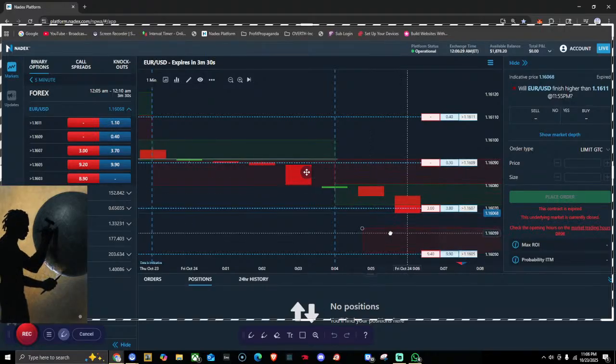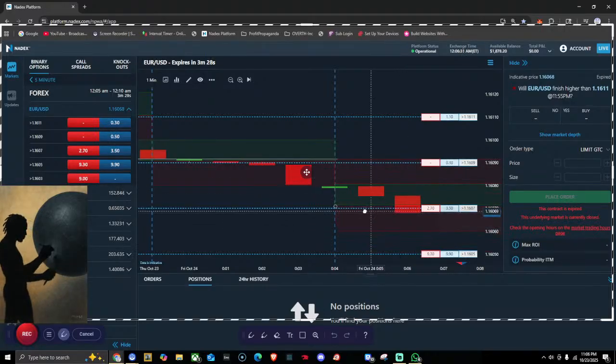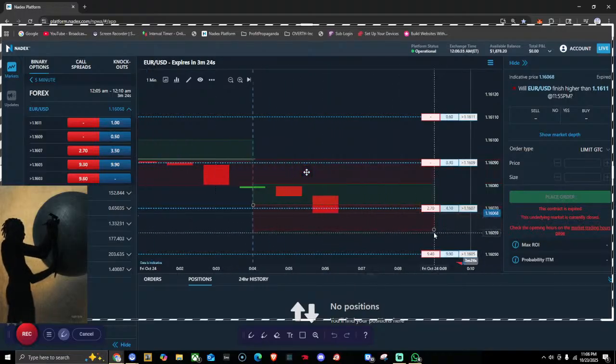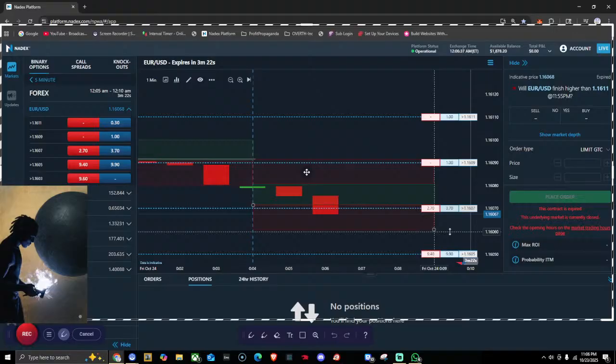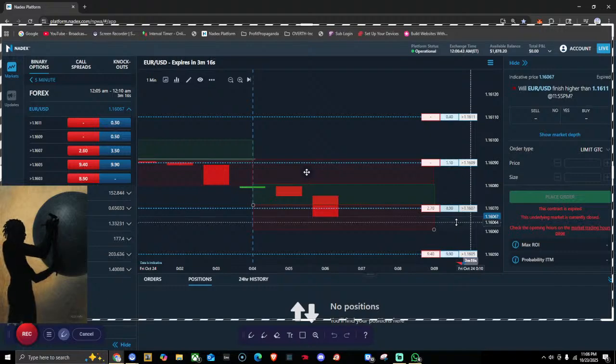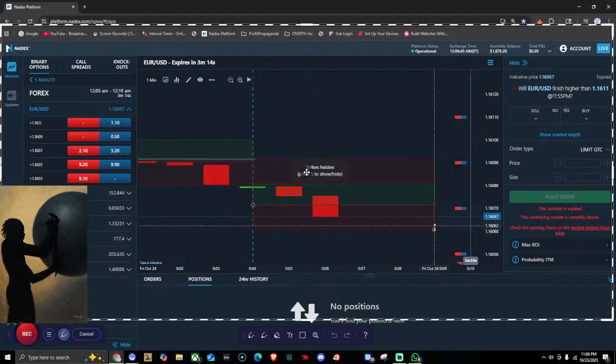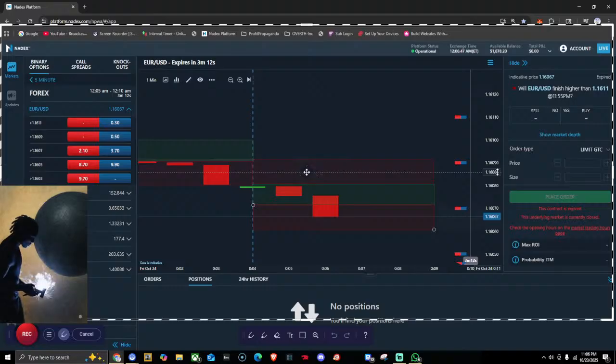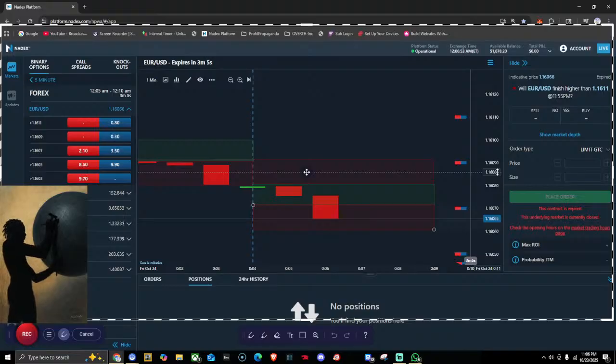So the market may be starting a new behavioral cycle, but I don't want to speak too soon. This is what we're looking at. No strikes.